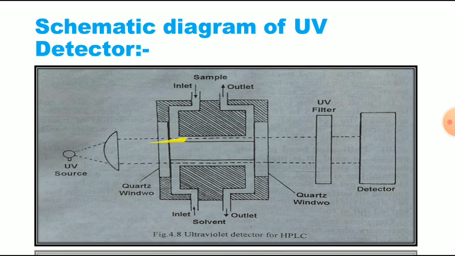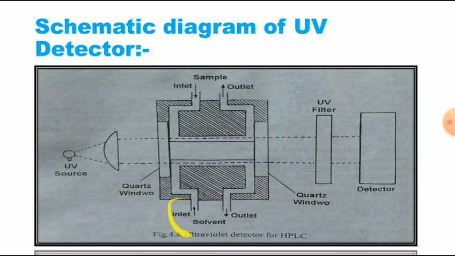If present along with the mobile phase, it will absorb the UV light and show its characteristic chromatogram, or you can say a signal, or characteristic radiation emitted, which passes through this exit quartz window and falls on this UV detector.